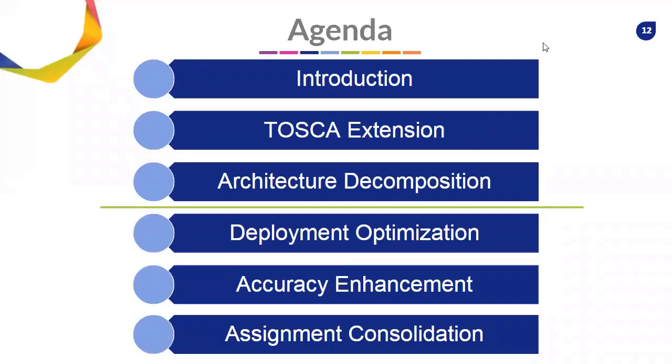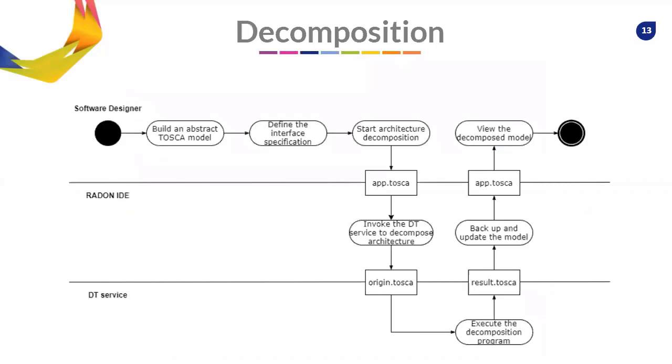One feature of the RADON decomposition tool is architecture decomposition. To use this feature, a software designer needs to build an abstract TOSCA model and define the interface specification. Then they can start architecture decomposition by right-clicking the service template and selecting the Decompose button.